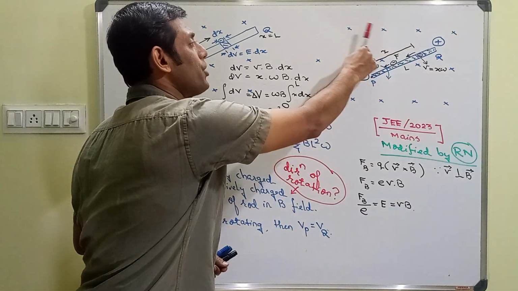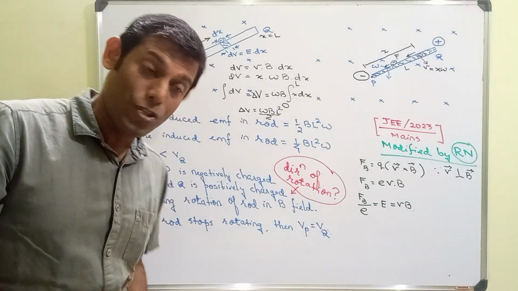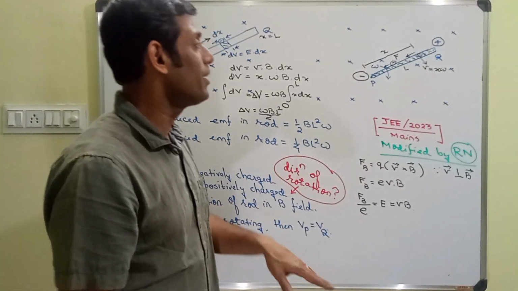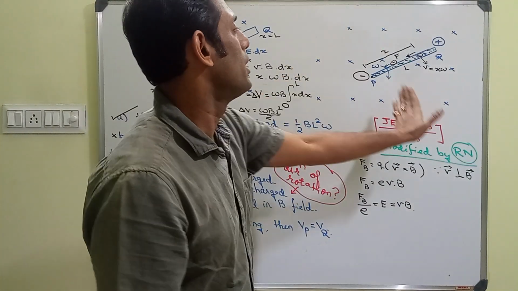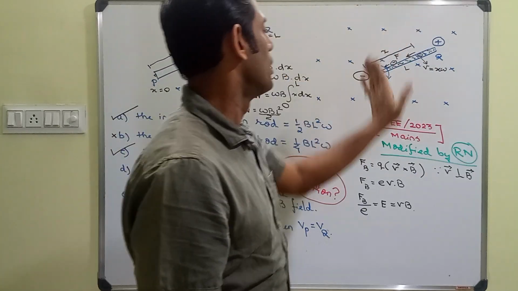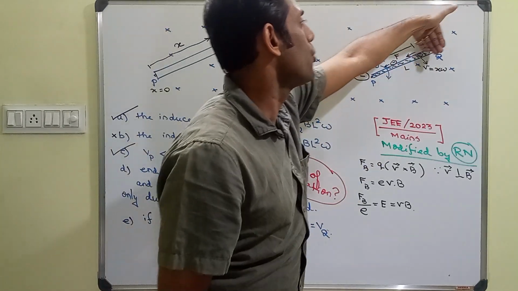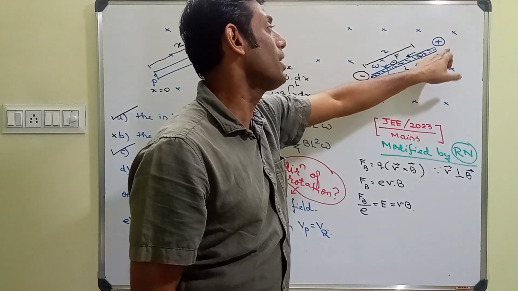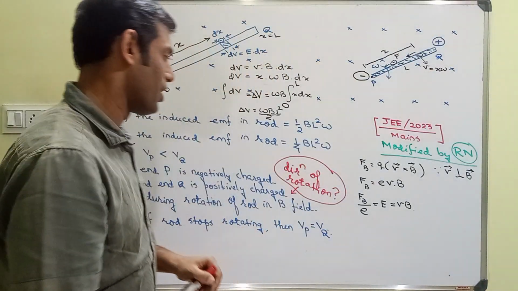Now if the rod rotates anti-clock, in that case what is going to happen? Use the left hand again. The electron is flying like this with the rod, and V cross B would push the electron to this end. This end in that case would become negatively charged.